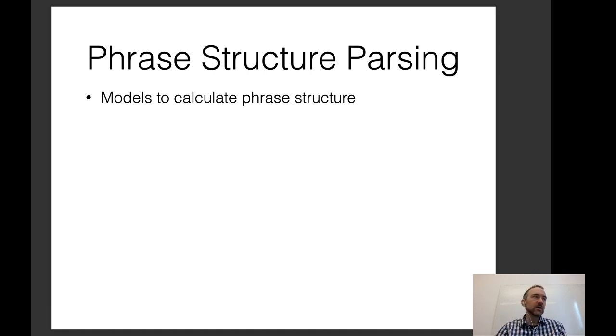But just because of the evolution of the field and also maybe some computational concerns, it tends to be the case that shift-reduce methods are used relatively widely for dependency parsing, and dynamic programming-based methods are used relatively widely for phrase structure parsing. So I'm going to introduce the dynamic programming methods from the context of phrase structure parsing.